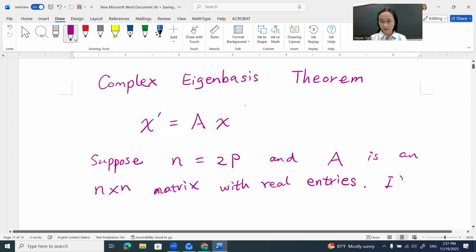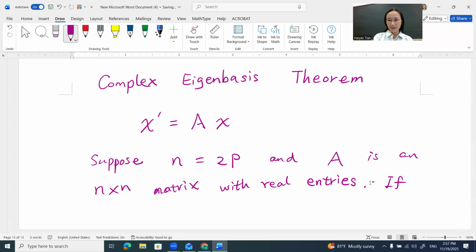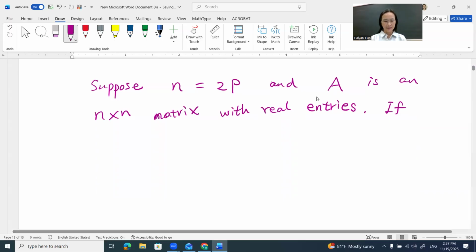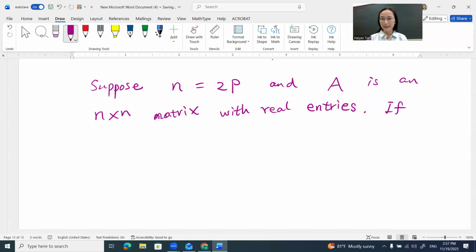let's assume there is a set of linearly independent eigenvectors of the matrix A. Let's say Vj, that's a notation for a certain vector, has a real part and an imaginary part, i times the imaginary part.